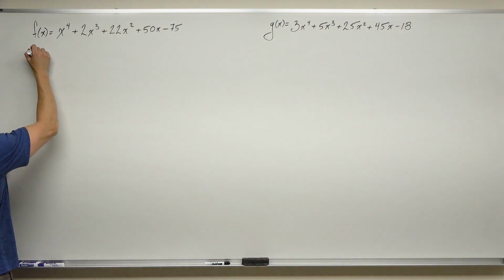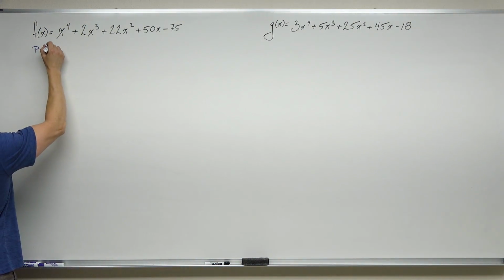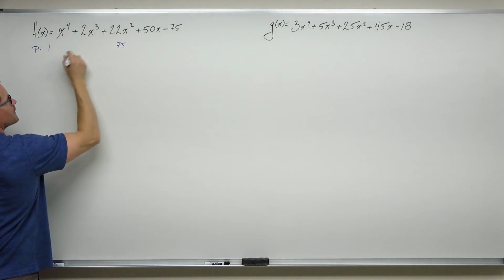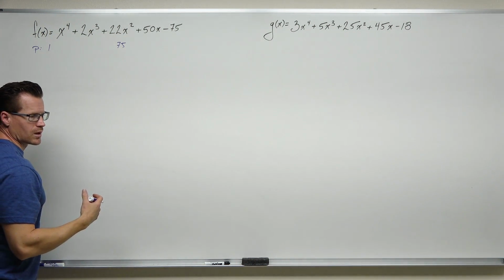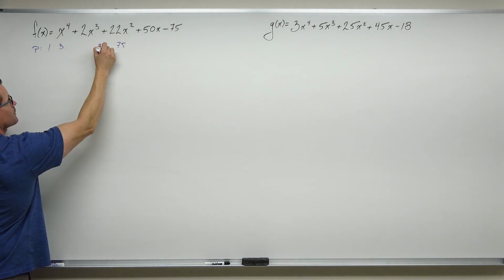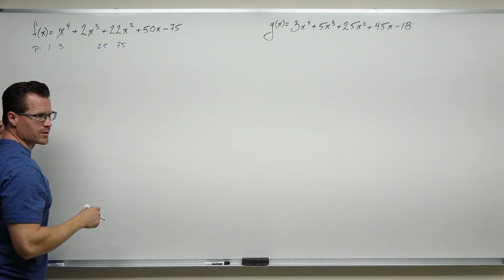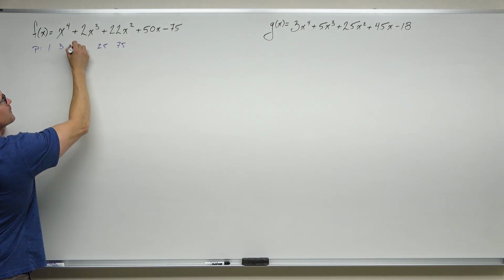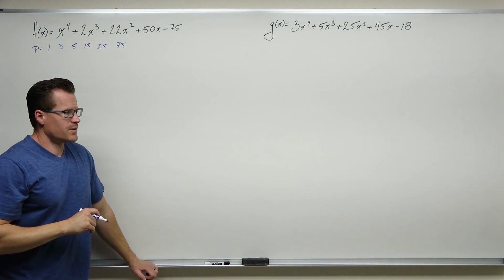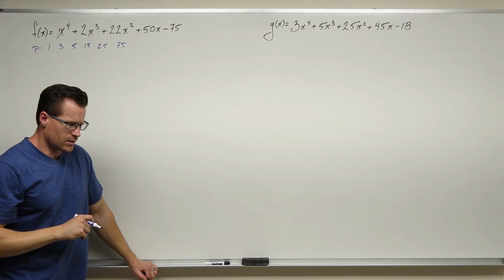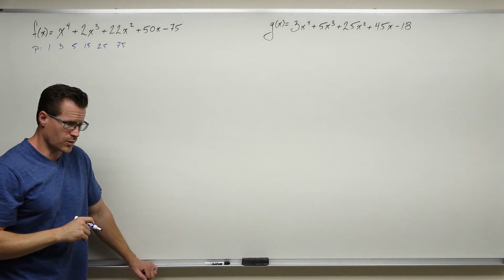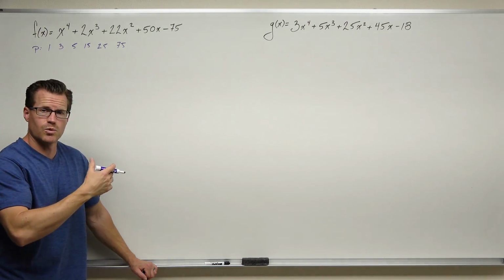So for 75, that's our p, we'd get 1 and 75. Not 2, that's not going to work, but 3 and 25. 4 is not going to work, but 5 and 15. 6 doesn't work, 7, no, 8, no, 9, no, 10, no, 11, no, 12, no, 13, no, 14, no, 15, yes, it's already on the board, we're done.